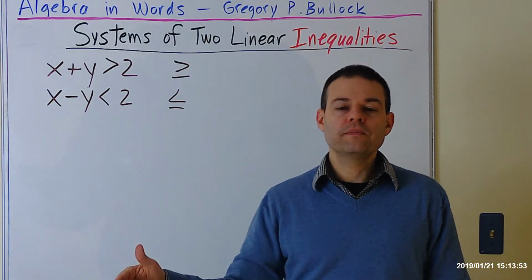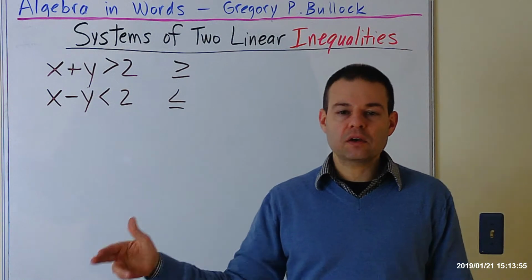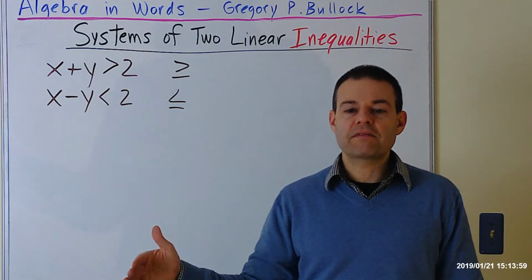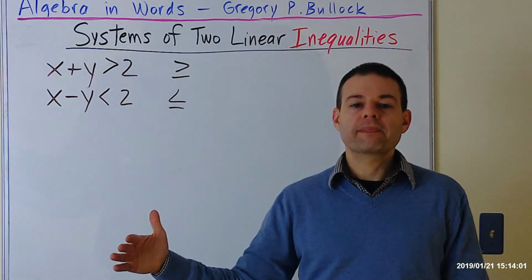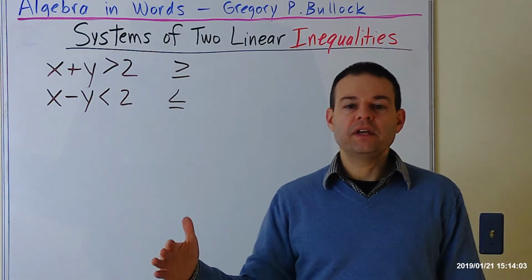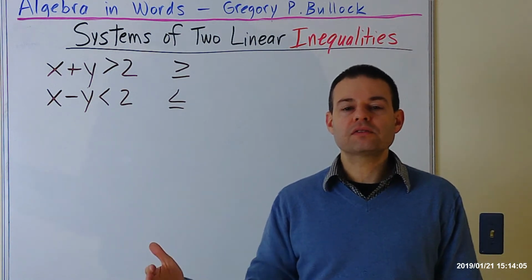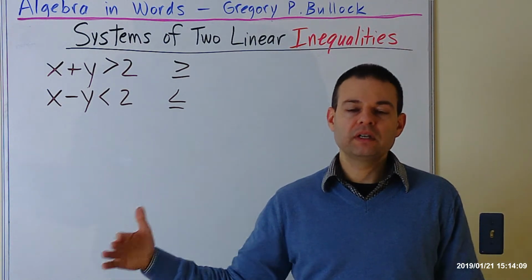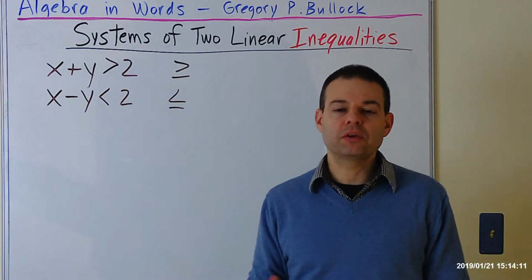If it's true, you shade the region of the graph on the side of the test point. If the inequality comes out false, you shade the opposite side of that test point. When we do an example, I'll show you all that.